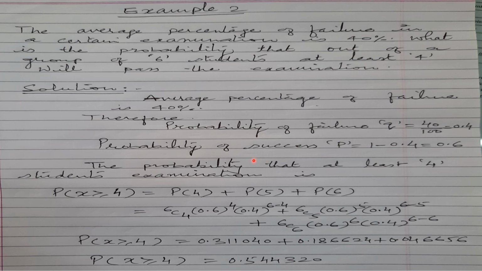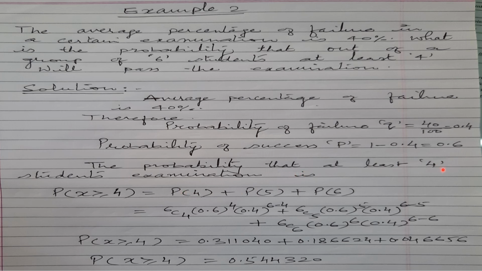As the average percentage of failure is 40%, the probability of failure in a trial is 40%. That is q equal to 40 by 100, that is 0.4. Similarly, the probability of success p will be equal to 1 minus 0.4, that is 0.6, as p plus q is equal to 1.